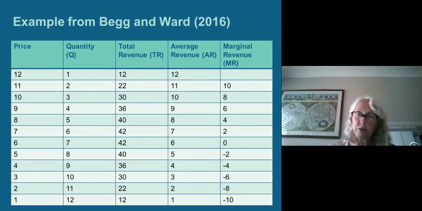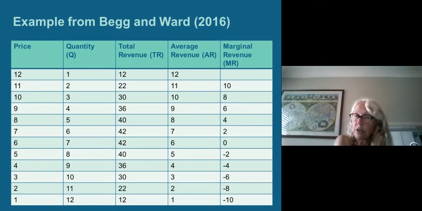Now if we look at marginal revenue, remember this is the change in total revenue divided by the change in quantity. Here, where we've got this figure 10, this comes from the change in total revenue, which has gone up from 12 to 22, and it's changed by one unit of quantity.